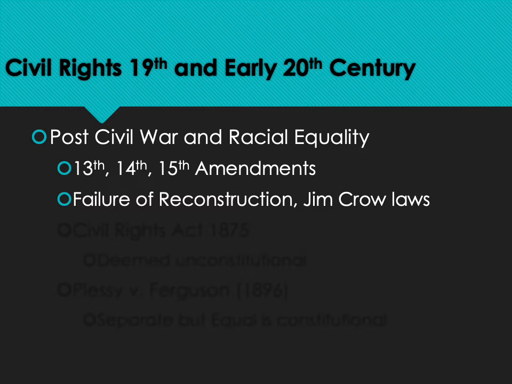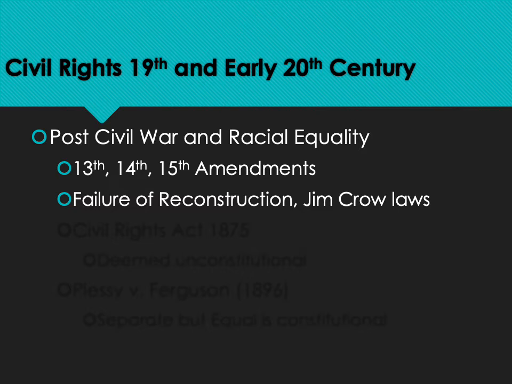You'll read in your textbook about the election of Rutherford B. Hayes and the compromise that gives him the presidency and results in the end of Reconstruction in 1877. And so Reconstruction fails, and it brings about the institution that's known as Jim Crow laws. Jim Crow laws are basically embedding discrimination into law.